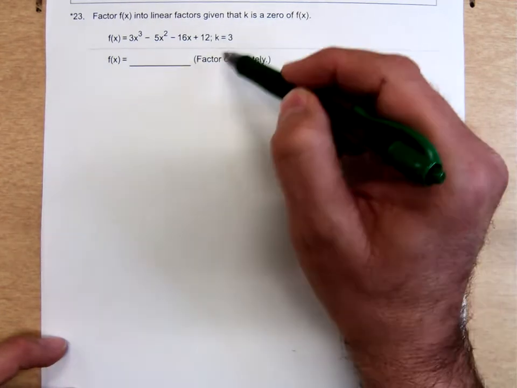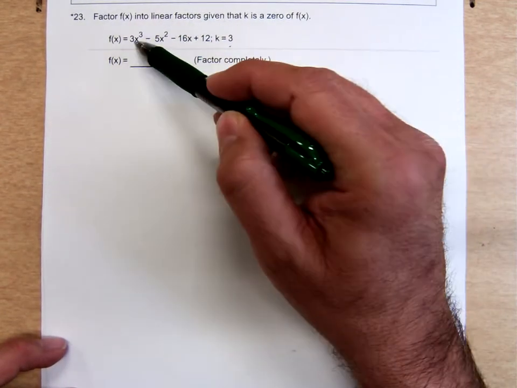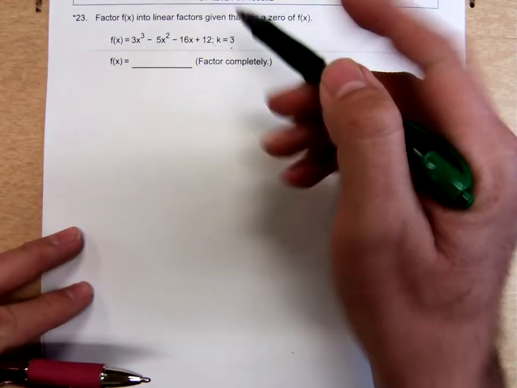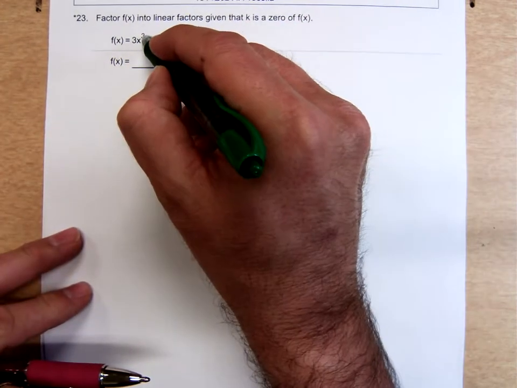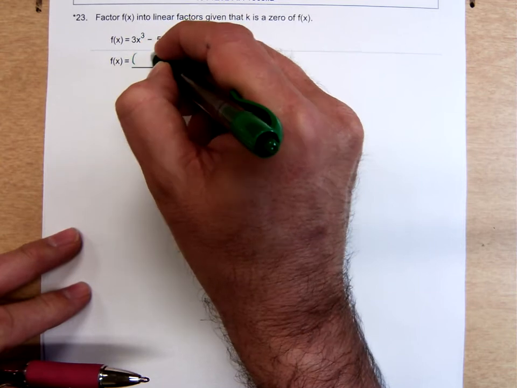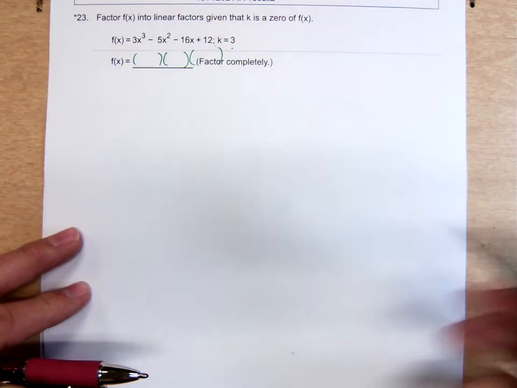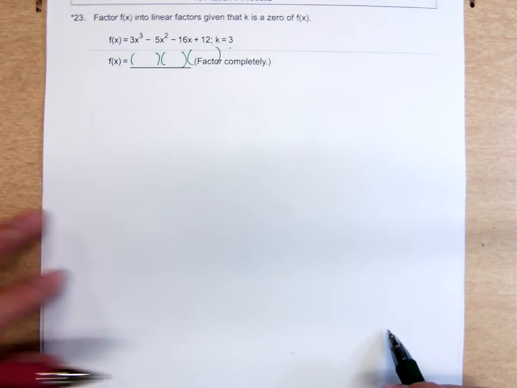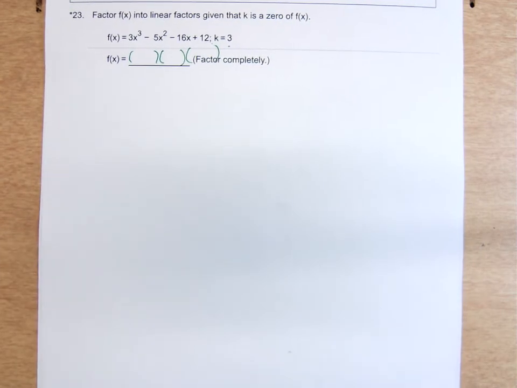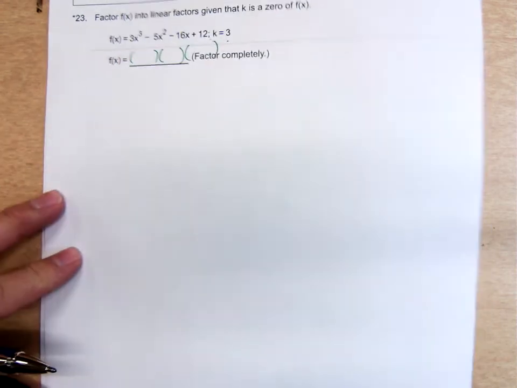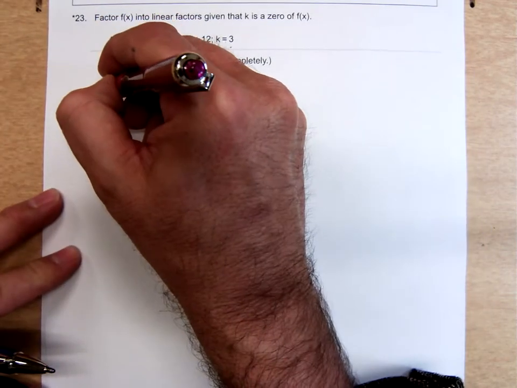So given a 0, how do we factor this thing? Since there's an exponent of 3, we should expect 3 sets of parentheses in our answer. Just like when we factor quadratics, aren't there always 2 sets of parentheses? So to get started, you're going to do synthetic division.